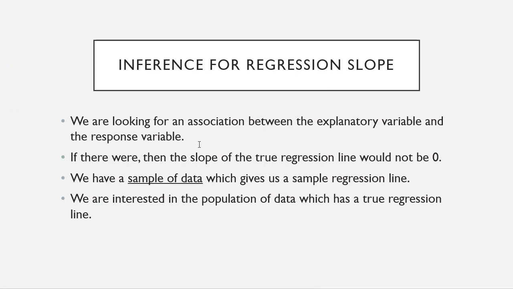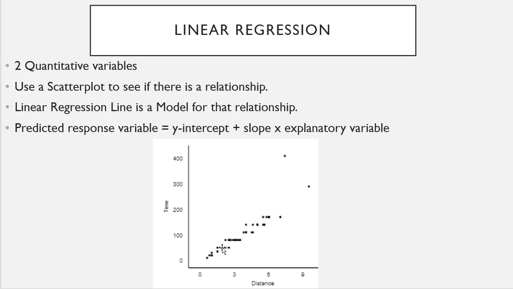And what you've got to understand, and this is the key concept, is that the data you have is just a sample of data, and that gives you a sample regression line. What we're really interested in is the true population of data, which would have a true regression line. So sure, here are 72 different hikes that we could go on, but what if we went on every possible hike?